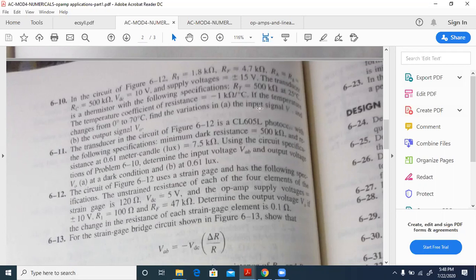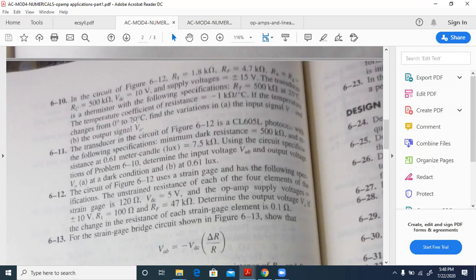So the temperature coefficient of resistance is minus 1 kilo ohm per degree centigrade, means as temperature increases, resistance is going to decrease. So at 25 degrees centigrade it will be 500 kilo ohms.